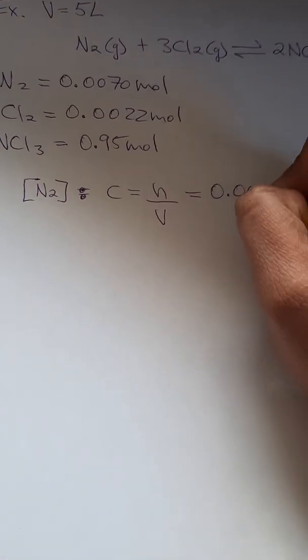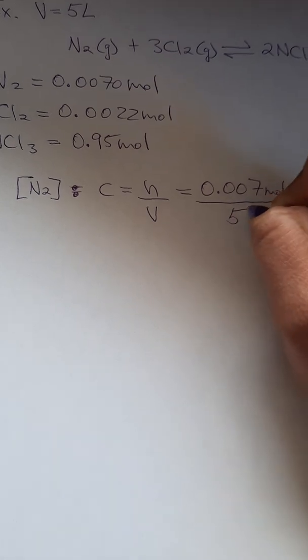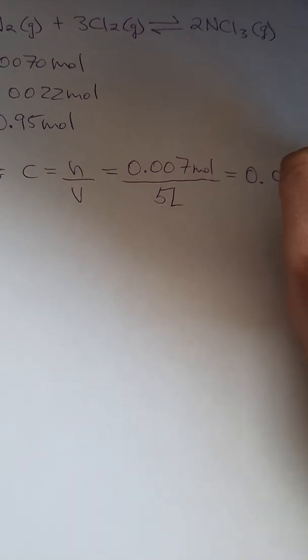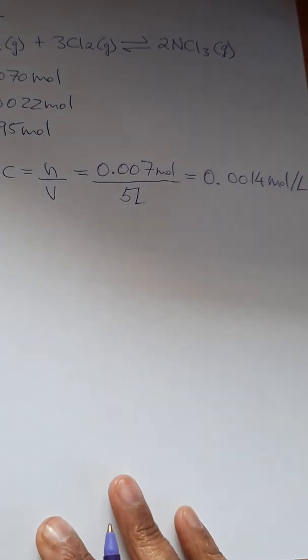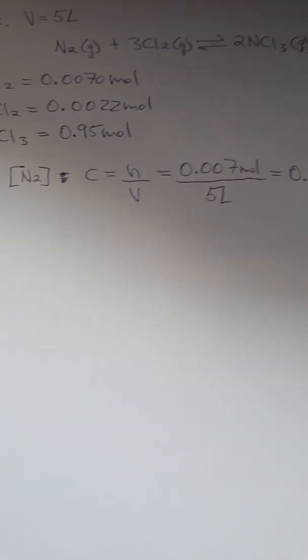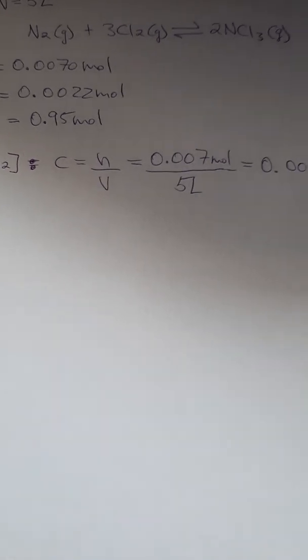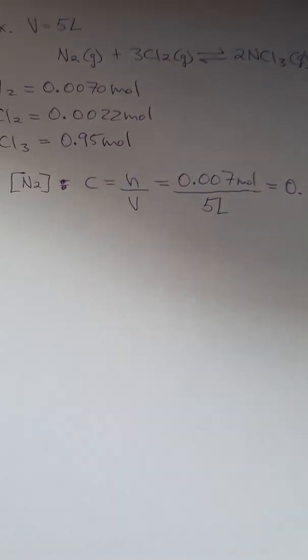So 0.007 moles divided by 5 liters. Put that in your calculator. We're getting 0.0014 moles per liter. Make sure you remember this equation from grade 11 chemistry. C equals N over V. N represents the number of moles and V represents the volume.